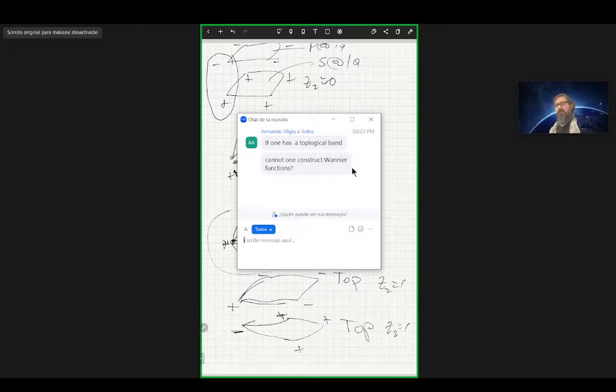So there's a theorem basically that as long as the index is non-zero, you cannot build localized Wannier states. They have to be power law localized Wannier states that respect the symmetries of the system in all of these cases.